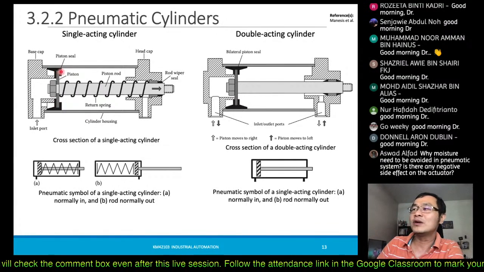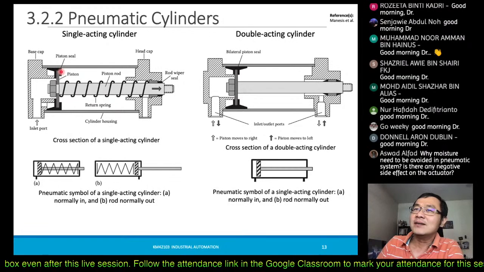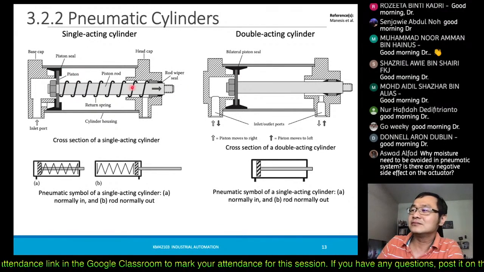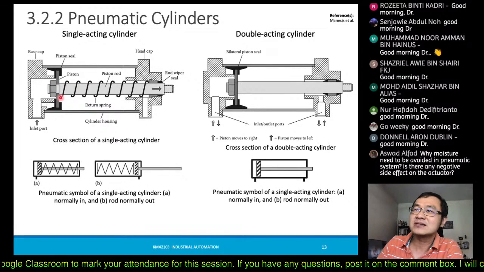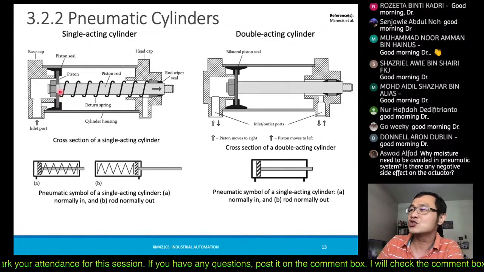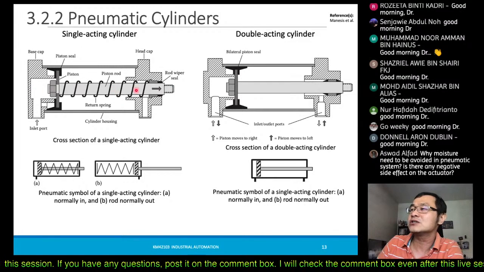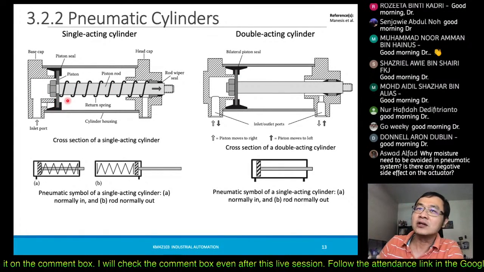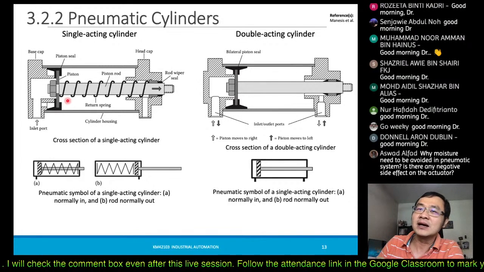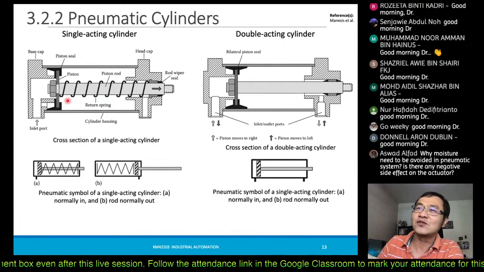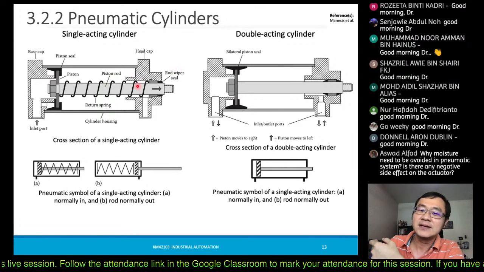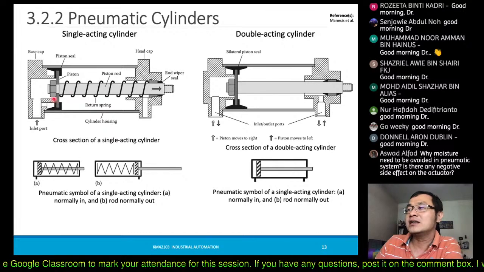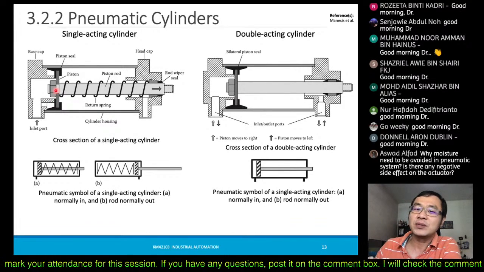One thing is it will create rust internally, and second, because water is incompressible, after certain operations this gap will fill with water and you cannot remove it. It will be a much more difficult task to dismantle the cylinders itself, so the cost of maintenance will become high.